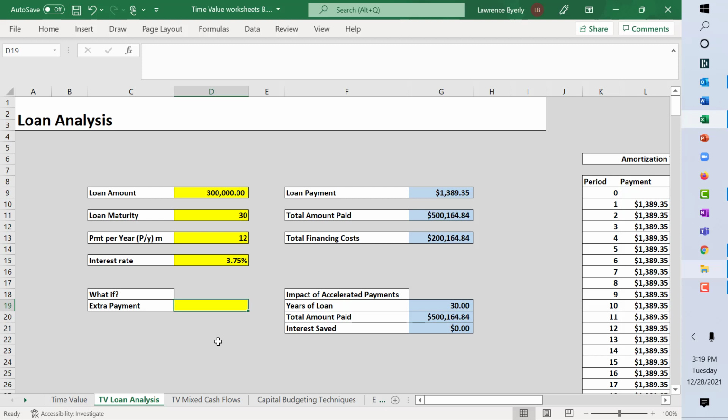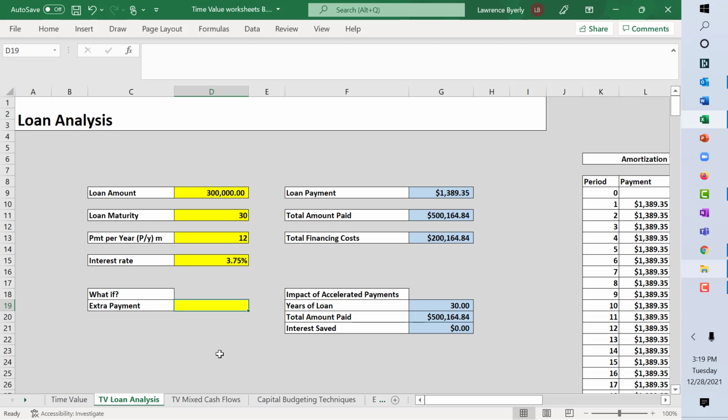Well, there are 26 14-day periods in the year. So what are you doing? You're actually making another whole payment per year. So you'll make 13 payments rather than just making 12. So obviously you accelerate the loan. But because of the compounding structure, that can make some big differences in the interest that you pay.